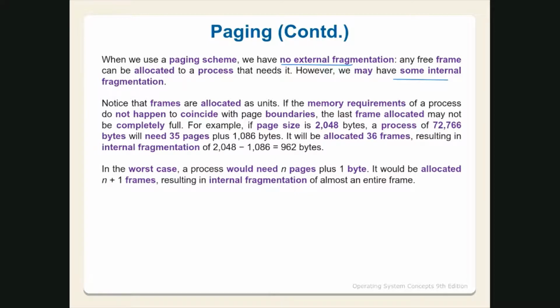Maybe the process is using only 2 KB and the remaining 8 KB is wasted. I gave a block which is big enough for the process, so it's not utilizing the whole block. That is internal fragmentation, wastage of space inside the allotted memory block. So paging suffers from internal fragmentation.